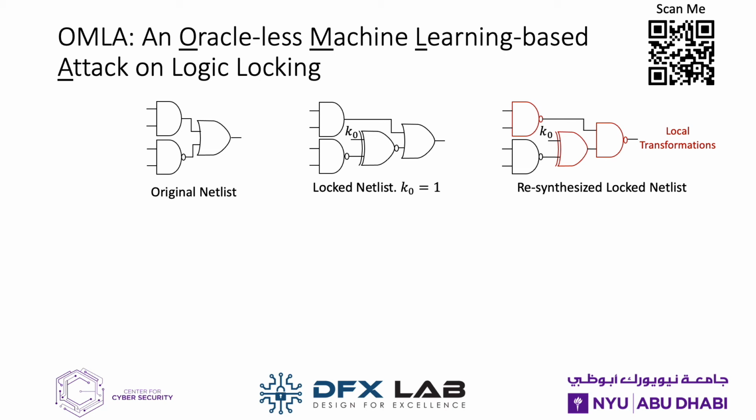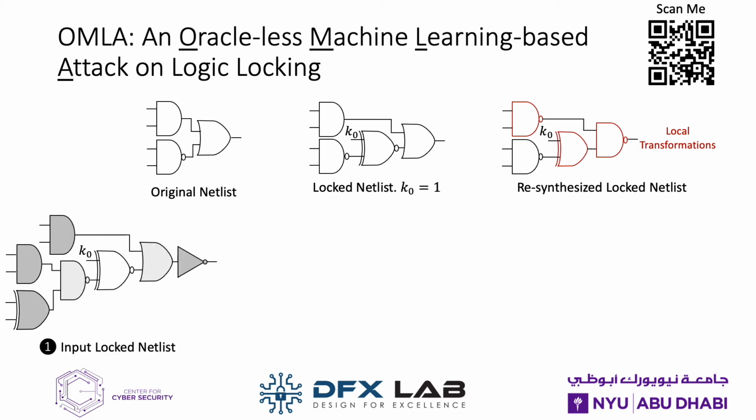So what you can see here on the right, we are highlighting in red some gates that actually capture information regarding the secret key. And if we're able to learn on the circuitry surrounding a key gate, so this key gate is the newly added gate that is controlled by a key, we will be able to figure out the correct key bit value.